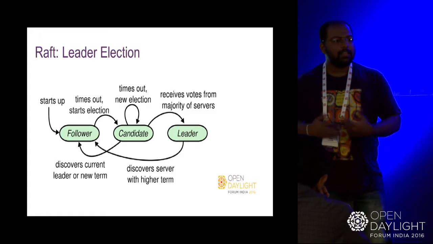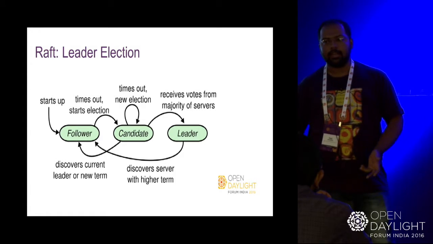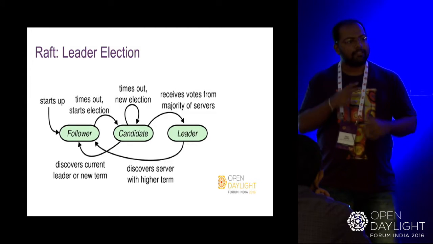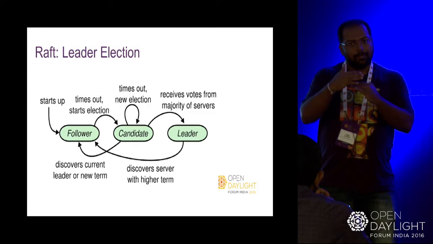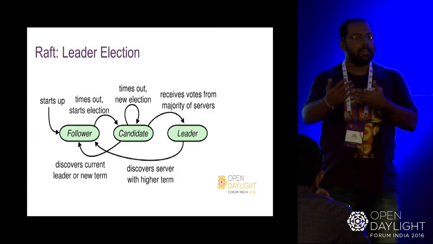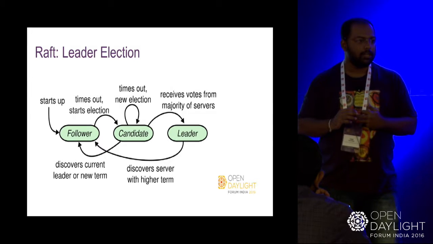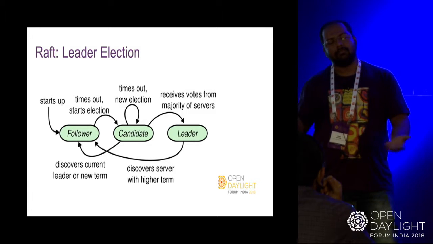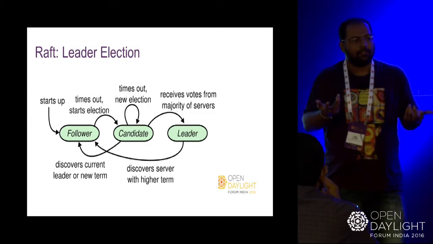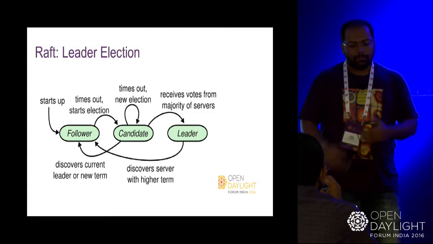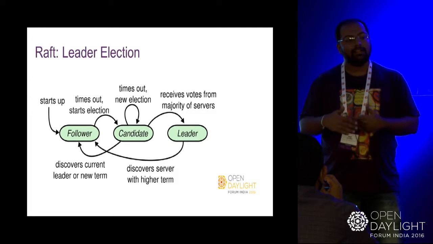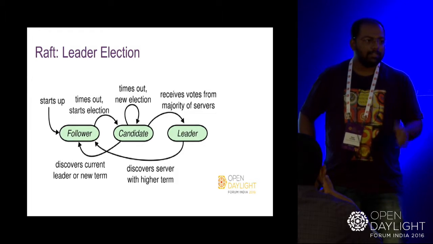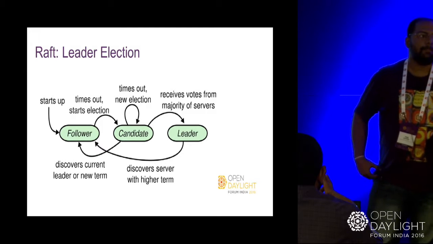So to prevent situations where all the followers or 2 followers become candidates at the same time, they have randomized this timeout. The timeout is the maximum time I can be a follower till I receive the heartbeat from the leader. So one node will wait for 3 seconds, another one might wait for 5 seconds, some might wait for 4 seconds. The follower which becomes a candidate first is going to start the election. That is why they have randomized the timeout.